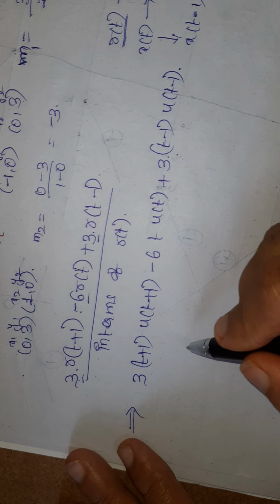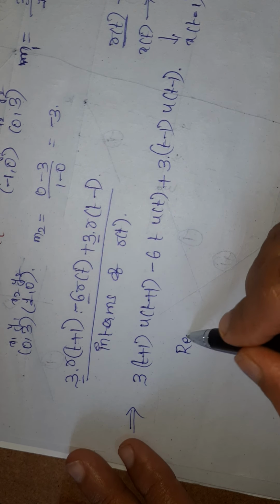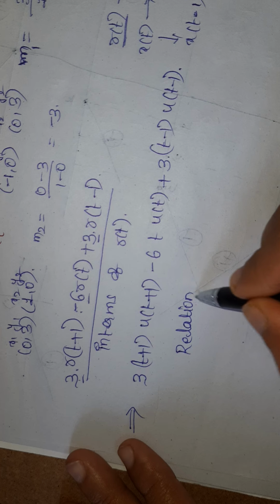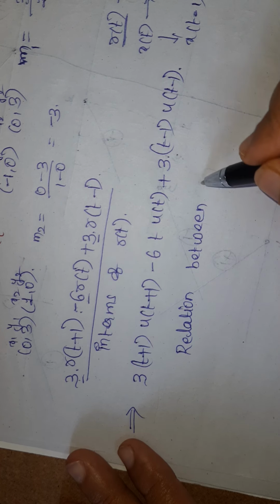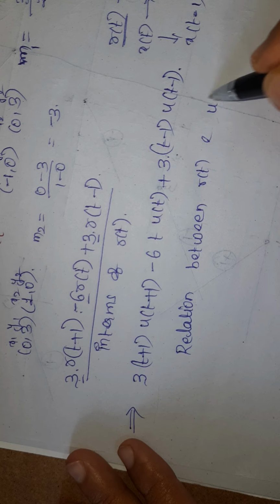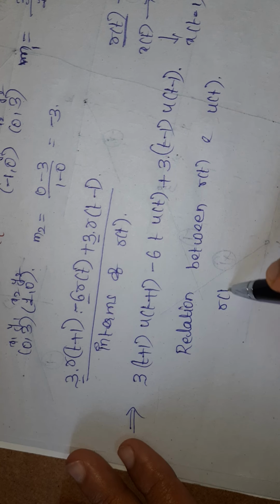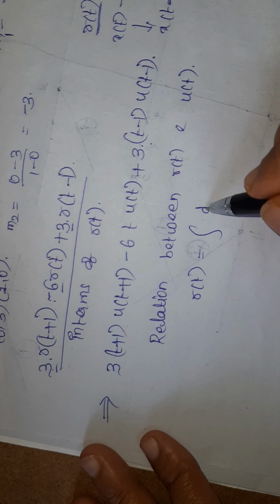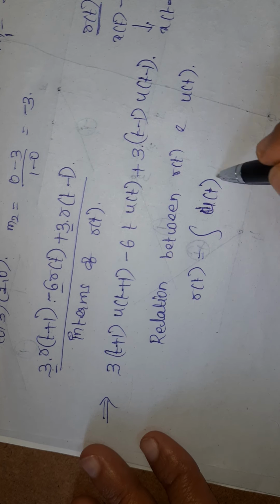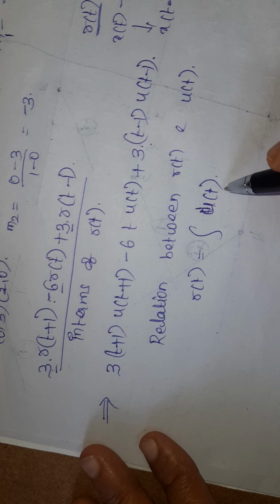Because we already know the relation between r of t and u of t. r of t can be integration of u of t.